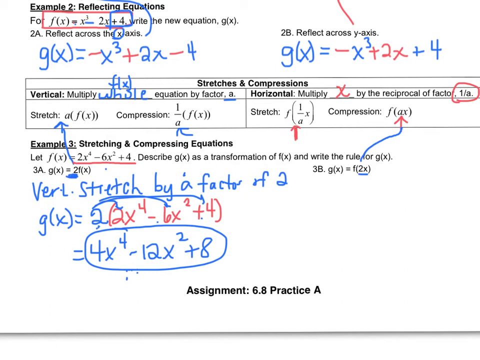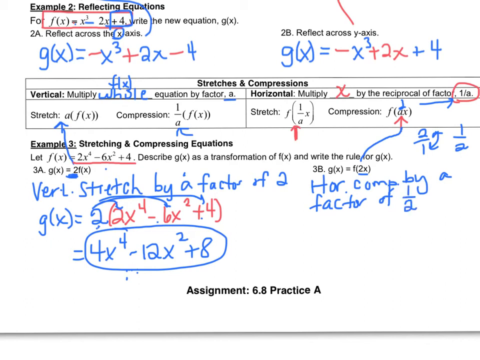So we will say that this is a horizontal compression by a factor of, and the factor is always the reciprocal. So if we're having a factor of 2, it means that it started out as the reciprocal of that when the problem was started. So the reciprocal of 2, if you flip over 2 over 1, becomes 1 over 2. So that's the factor for that.